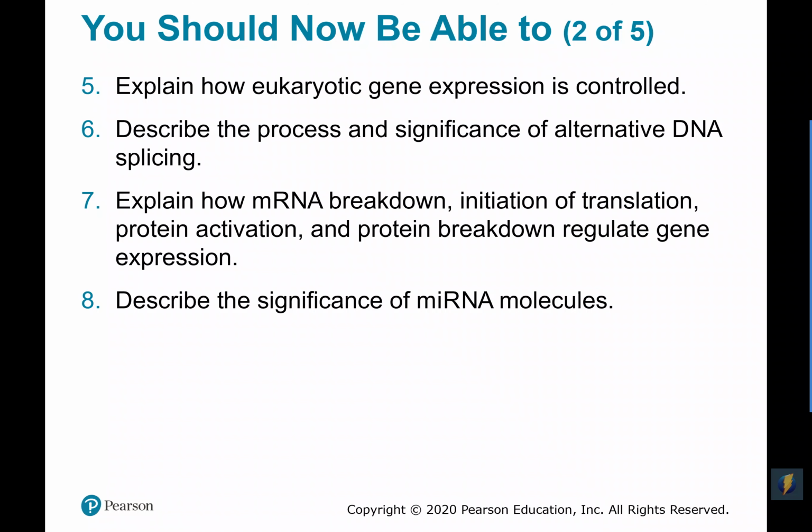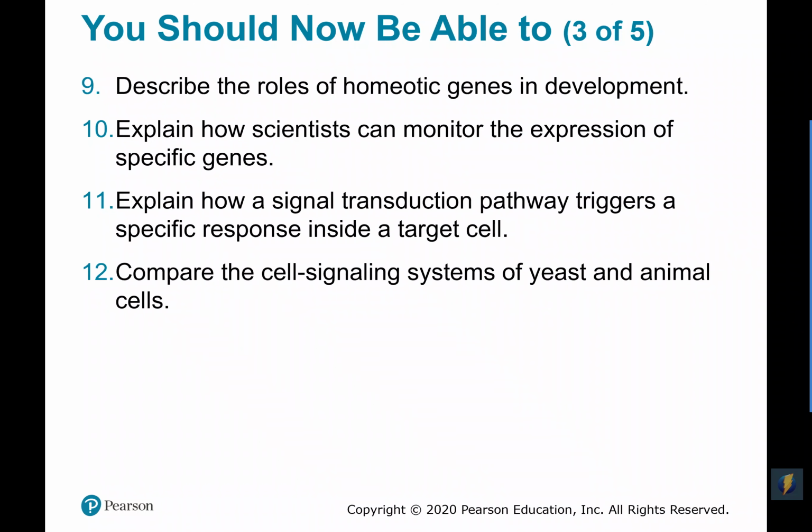We talked about microRNA, homeotic genes, and how they play a role in development. We talked about a couple techniques for looking at gene expression, things like the microarray and nucleic acid hybridization. We talked about signal transduction pathways, how it's like a relay race that can trigger responses in target cells.